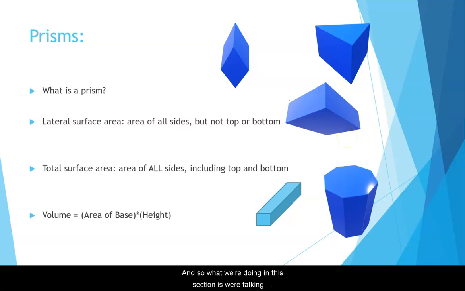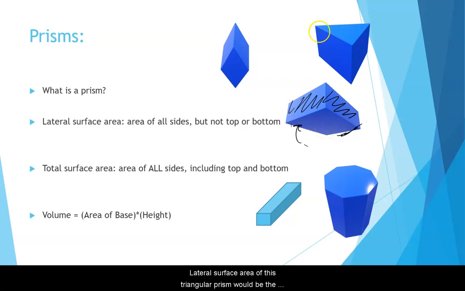And so what we're doing in this section is we're talking about the surface area of these shapes, the lateral surface area, and also the volume of these shapes. Lateral surface area is the area of all sides, but not the top or bottom. So those four sides, but not the top or the bottom of the shape.